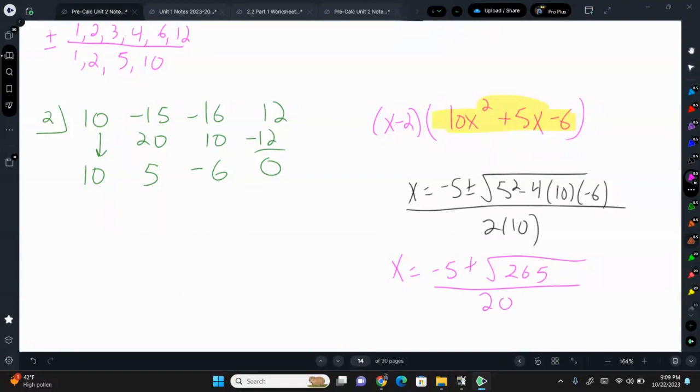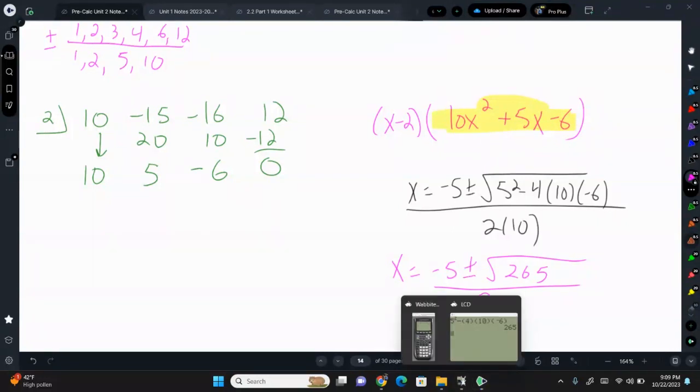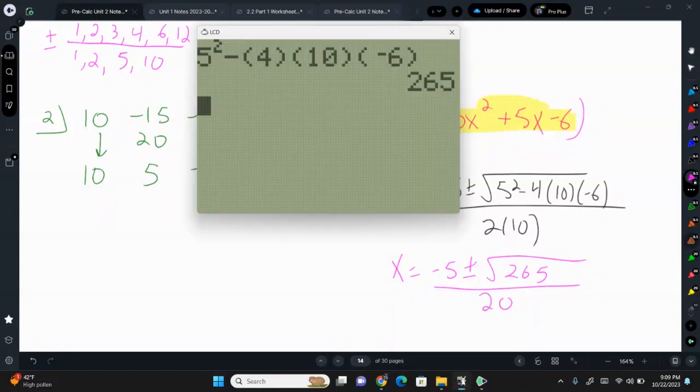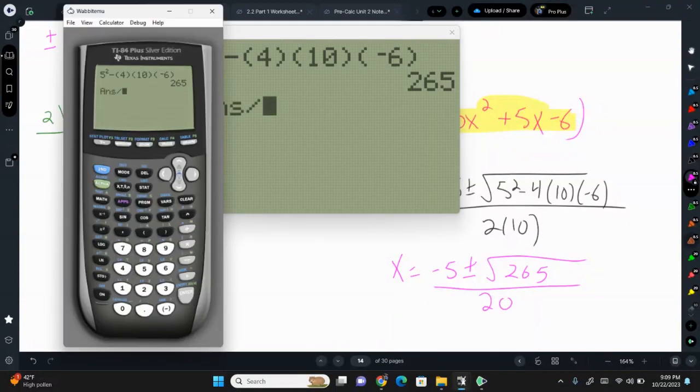Now 265, I'm going to see if I can divide that by a perfect square. So let's say 25. Nope, 265 divided by 25 is not a whole number. 125 is not a perfect square.